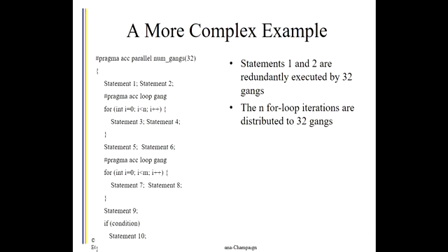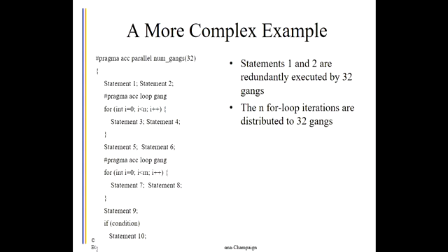On the other hand, as soon as you hit this for loop here, because you declare it as an OpenACC loop, the n iterations of this loop will be distributed to the 32 GANs. So each GAN will only execute n divided by 32 iterations of that for loop.